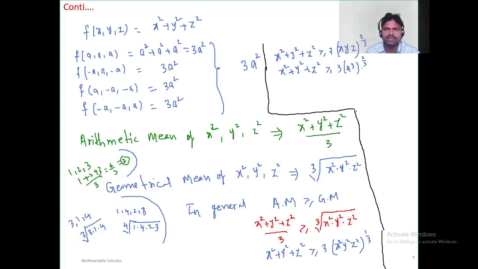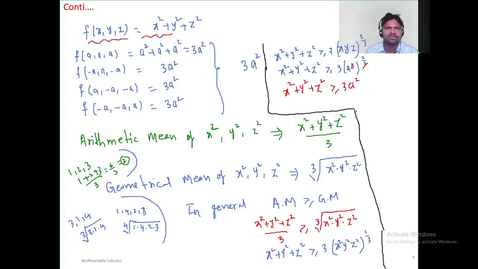Now 3 is out, so you are getting 3a square. So finally what I got: x square plus y square plus z square is more than or equal to 3a square, because the cube is cancelled and power 2 is there. Now x square plus y square plus z square is nothing but my function f of x comma y comma z.